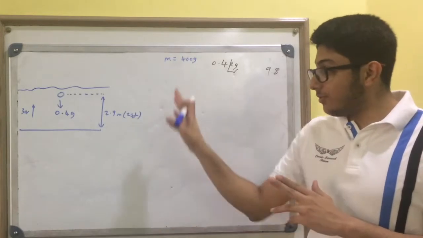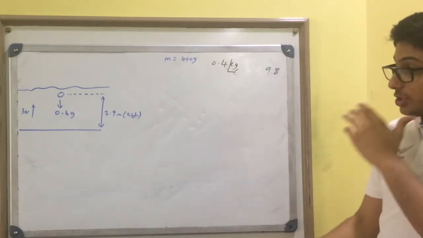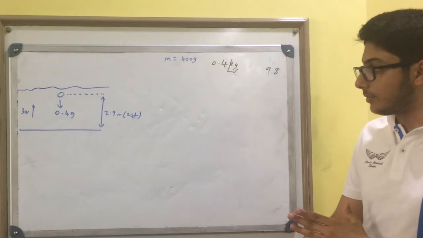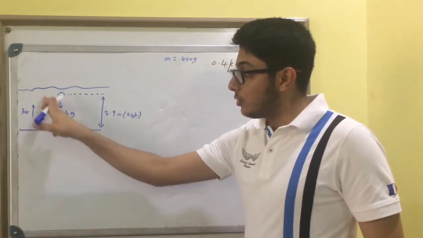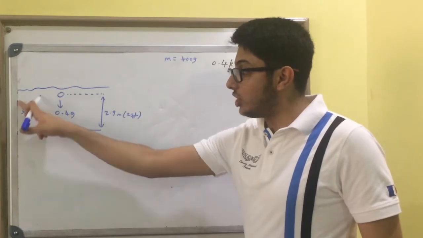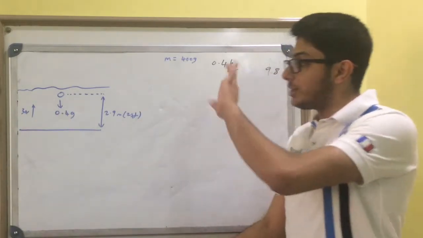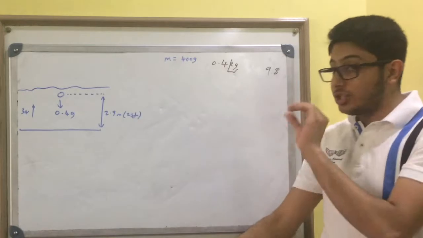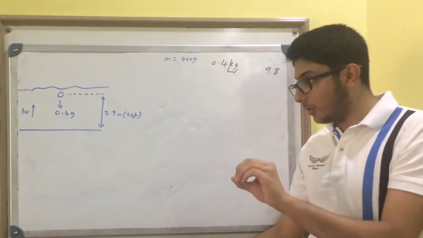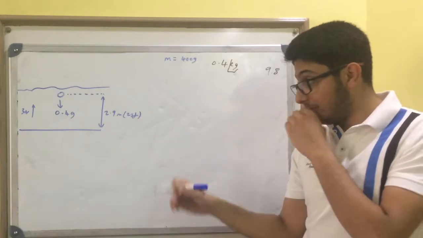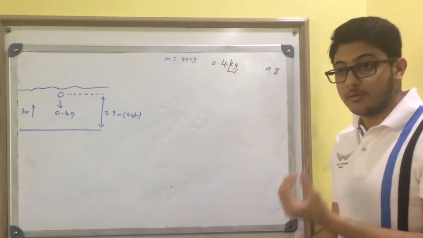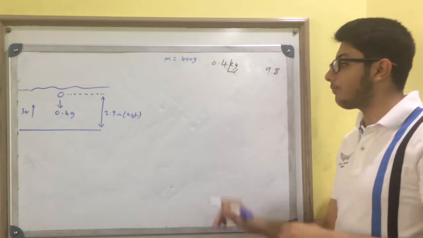The reason we've drawn a different diagram is because the acceleration is now different, because the resistant force has now changed direction. Whichever direction you move the stone in the water, the resistant force is always going to be in the opposite direction. So the acceleration is different from when it's going up to when it's going down.